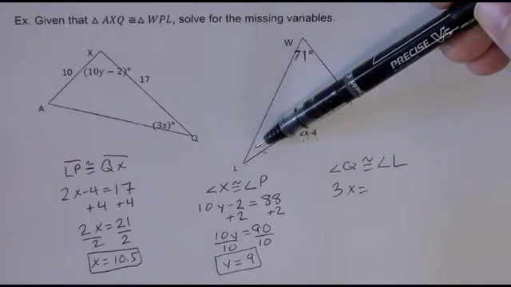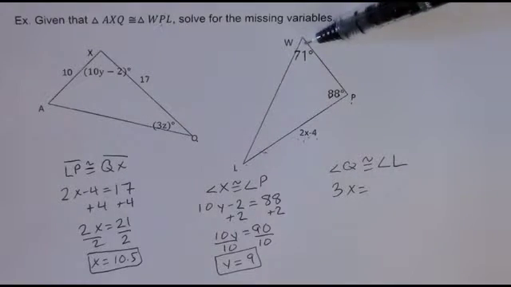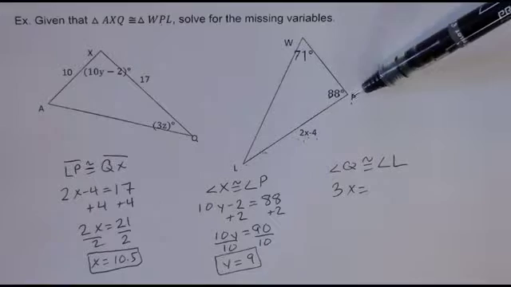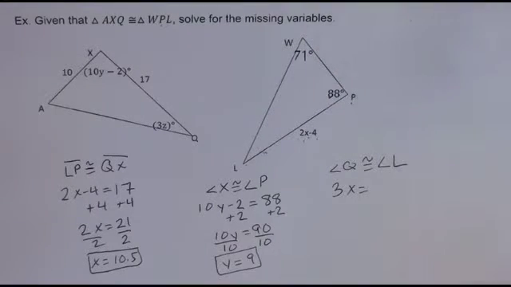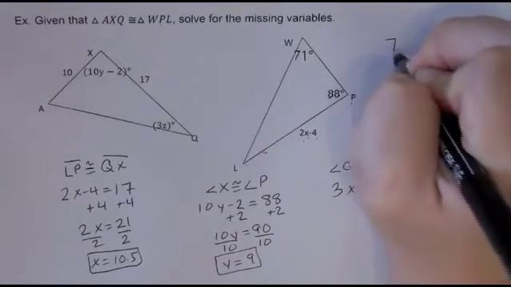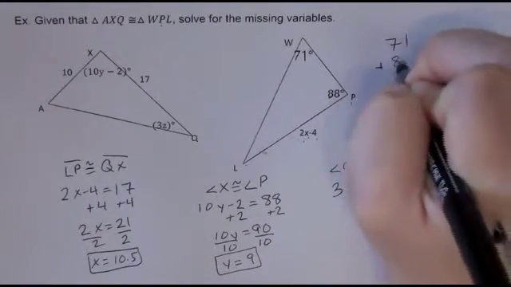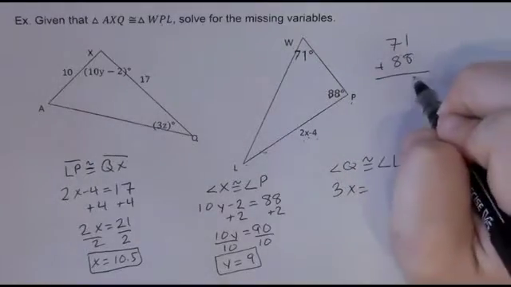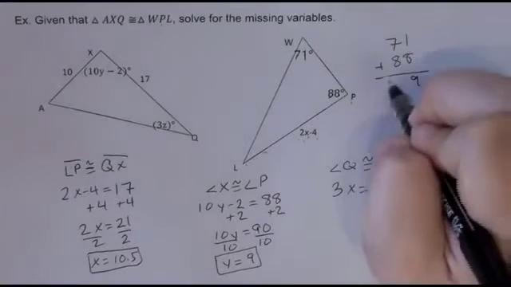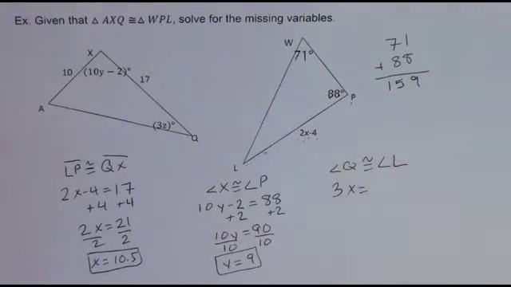We can find angle L because, look, we have angle W and we have angle P. And what do we know about the three angles of a triangle? It's that they add to 180. So we can add them together, 71 plus 88, add together the two that we know. That's 9, 7 plus 8 is 15, 159.